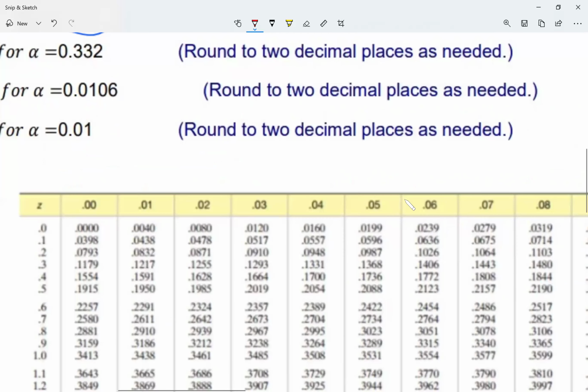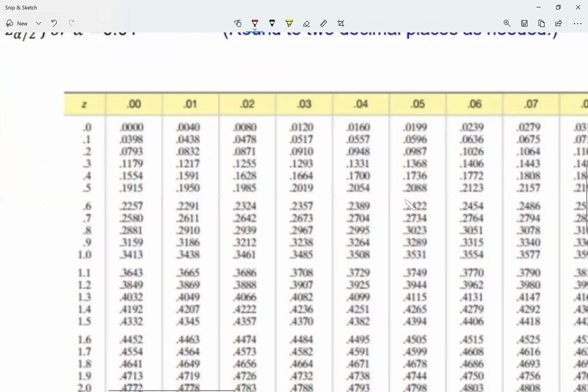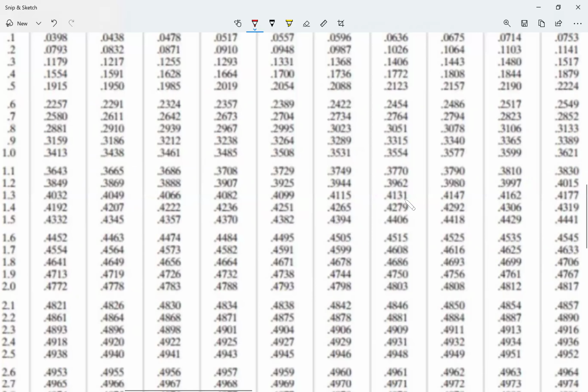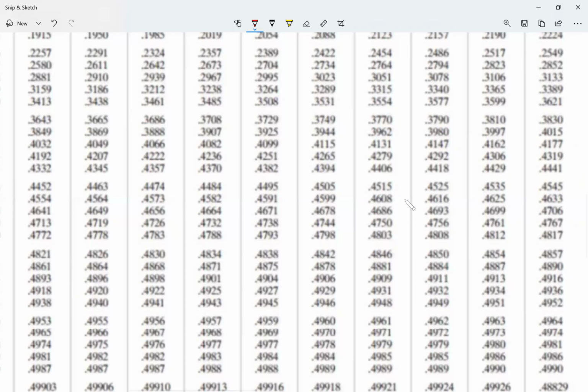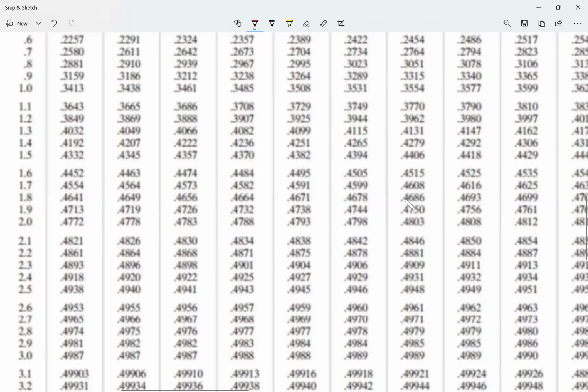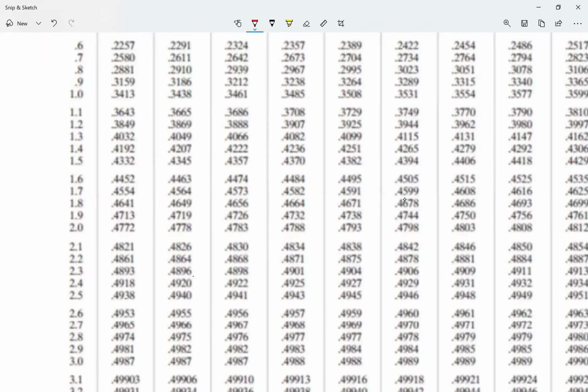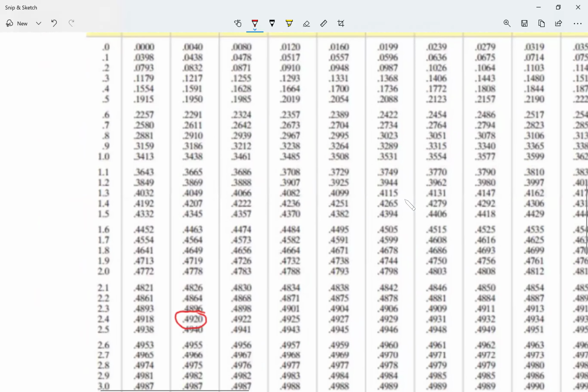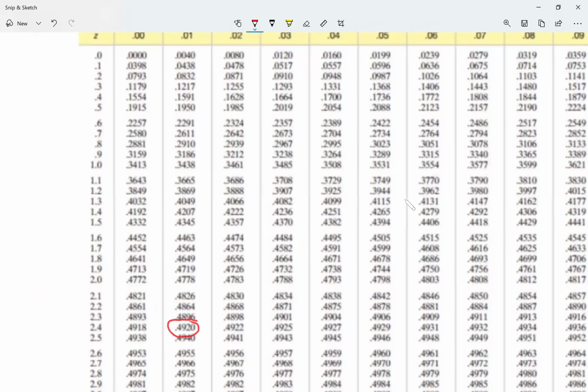Let me see my C-scores here. Remember, I'm looking for 0.492. I know my numbers keep on increasing. I'm looking at 0.492 or 0.4920. I found it. You guys see? I found it. So what is this C-score? I see here at the left side is 2.4.